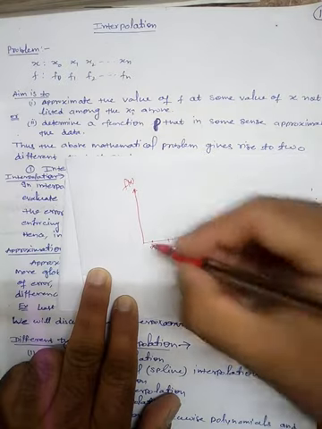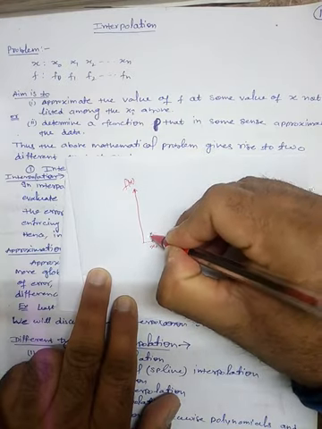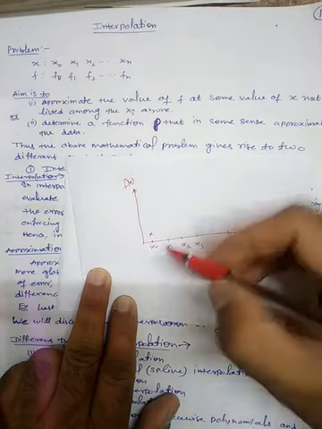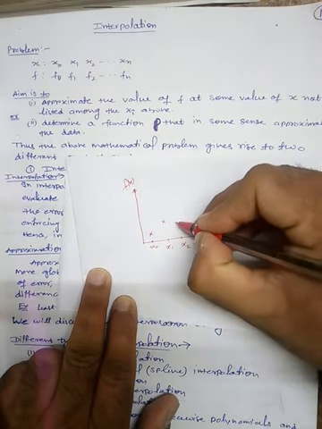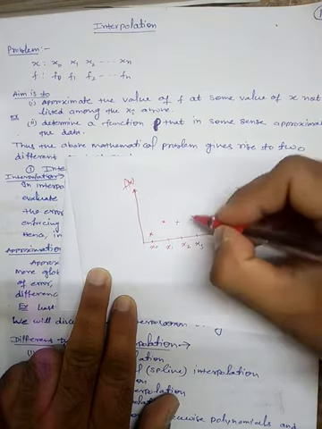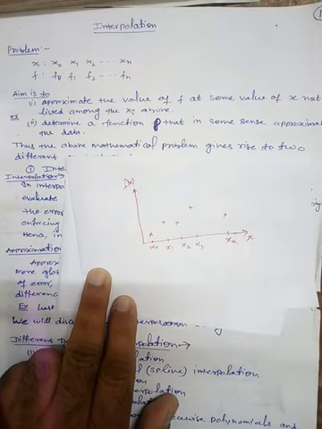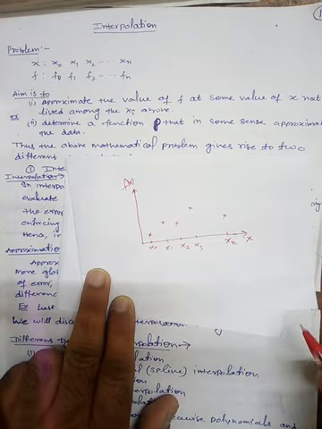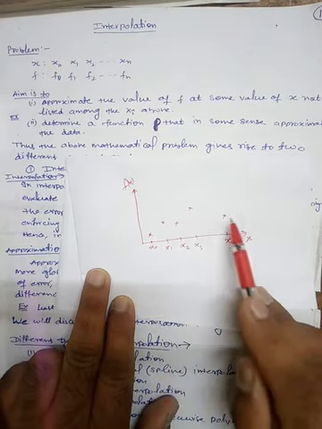Here the corresponding values are f0, f1, f2, f3, fn. These are the values f0, f1, f2, f3, fn.